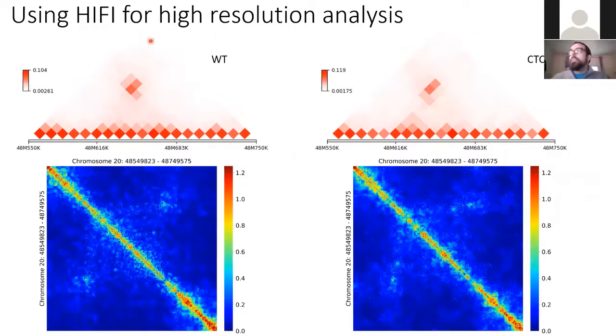As an example of how this works, here are my wild type cells. This is a segment of chromosome 20 from 48 million to 48,750,000. Between the wild type and the knockout, the interaction looks very similar. So we have some dark bins here, some dark bins here.